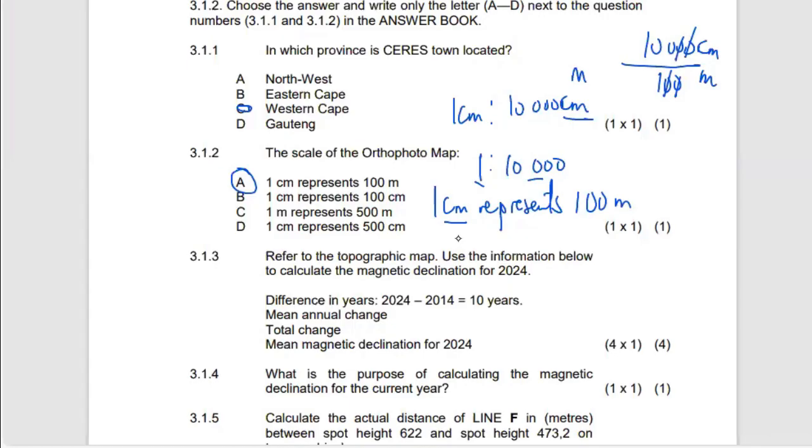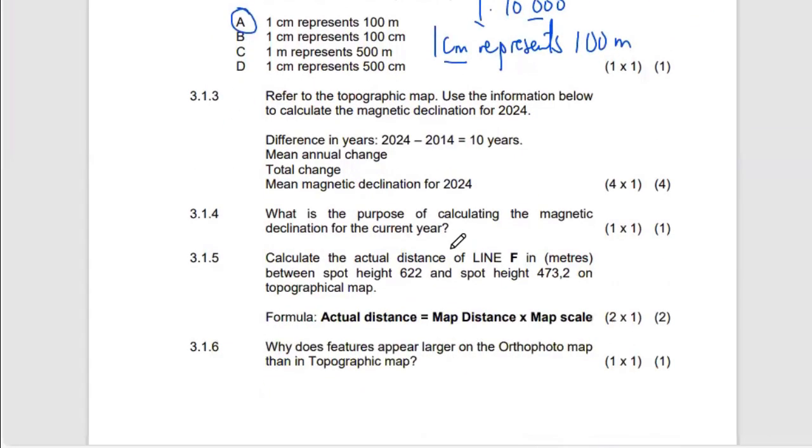Right, then the question now 3.1.3, it says refer to the topographic map, use information below to calculate magnetic declination for 2024. What are you supposed to do there? There is provided information on the map which talks about the angle of declination in the given year on which the map was drawn.